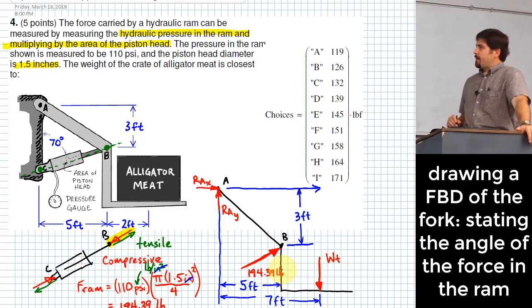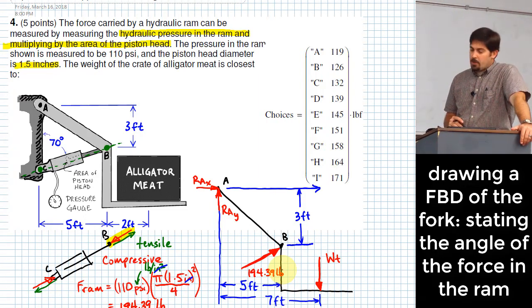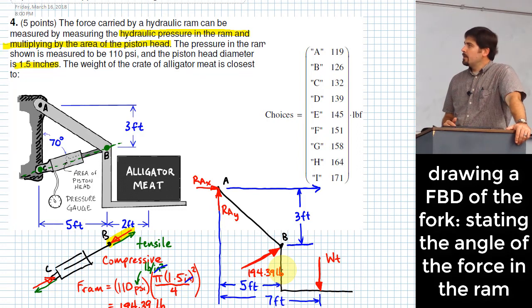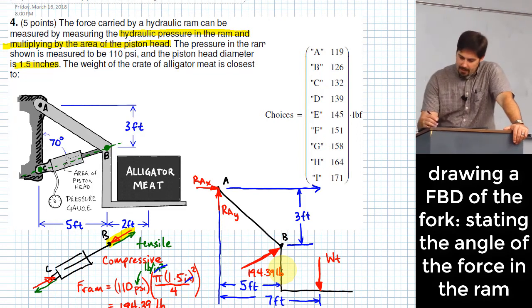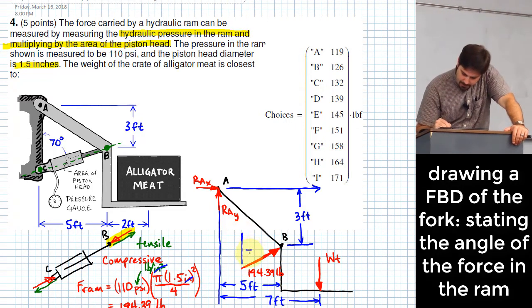Do I know anything else about that force? I know what direction it goes, right? It says that that angle is 70 degrees relative to vertical, so I can show that. This is one way I could show it. That's valid.